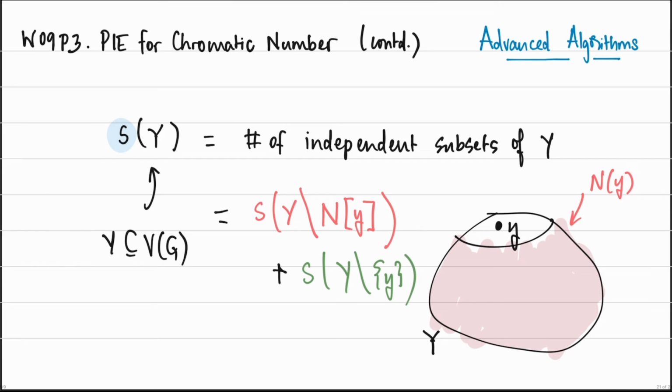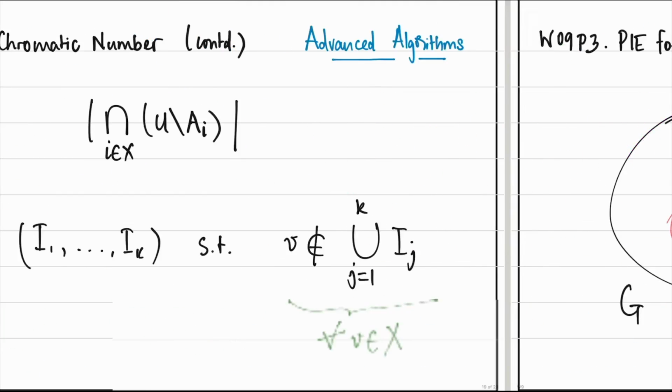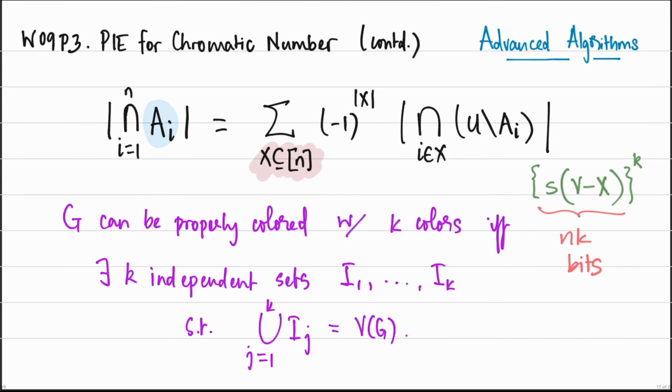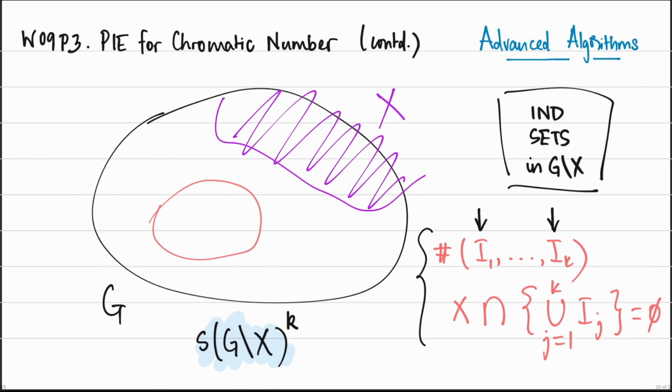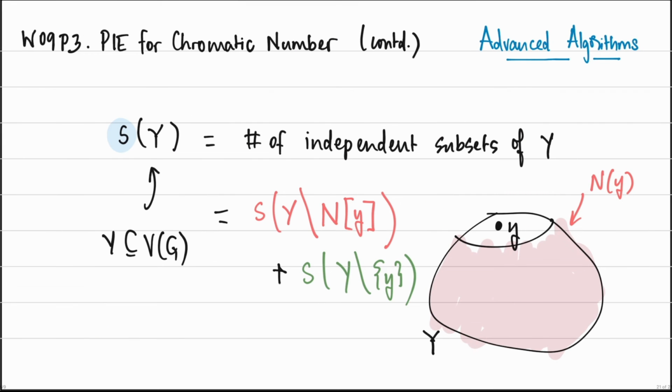That would, of course, mean that we spend more time, but we at least don't consume all this space. So we go back here and say, when it's your turn to compute the term corresponding to X, and you need this value S of V minus X, you just run the whole computation given by this recurrence that we wrote down here.